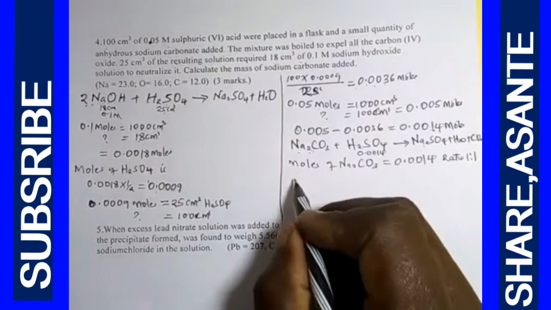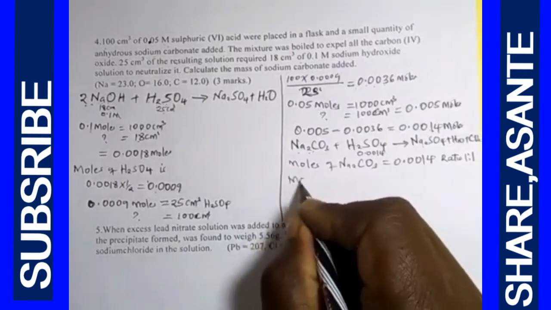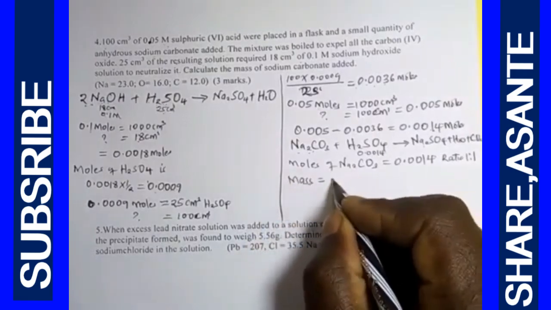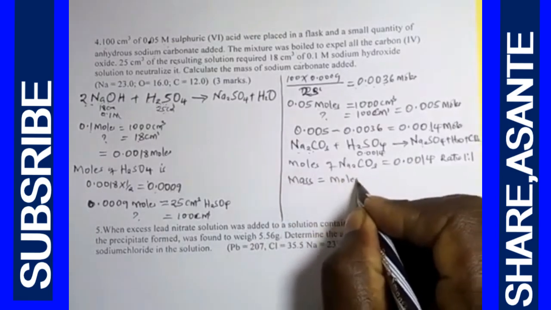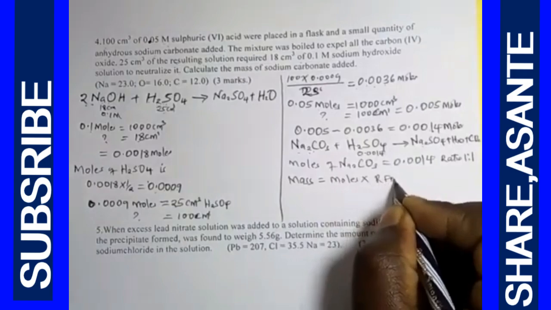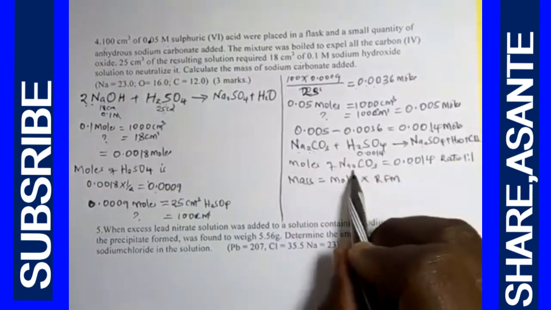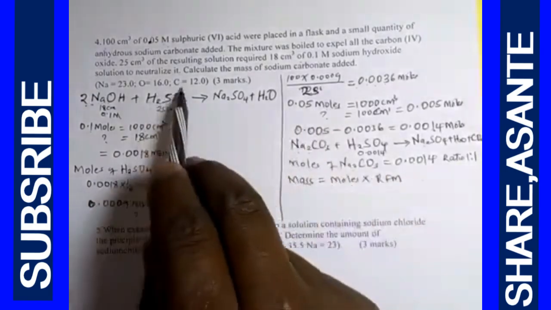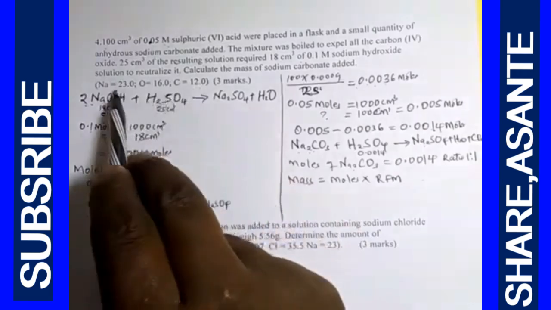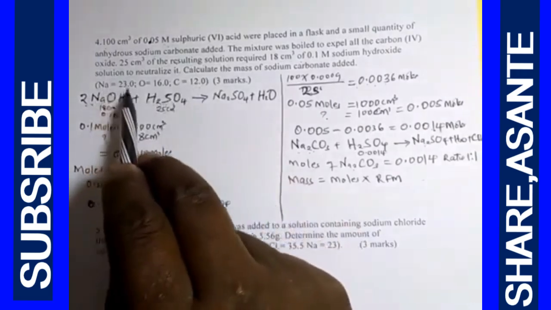Now, how do you get mass of a substance? Mass is given by moles times RFM. Now we have the moles of the carbonate. We can get the RFM, since we have been given the relative atomic mass of each.